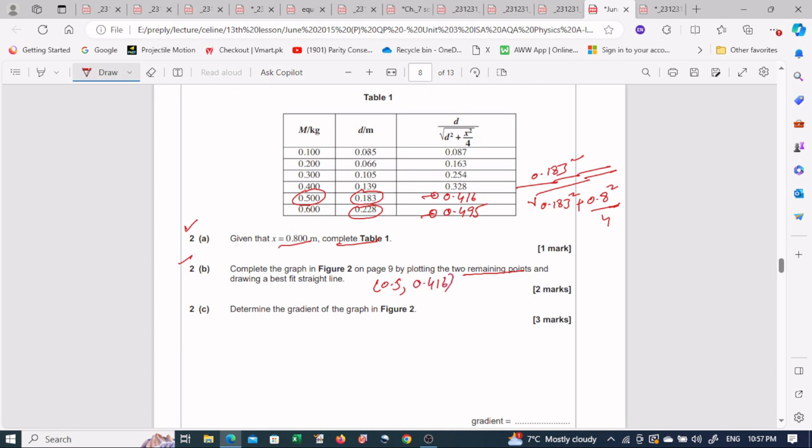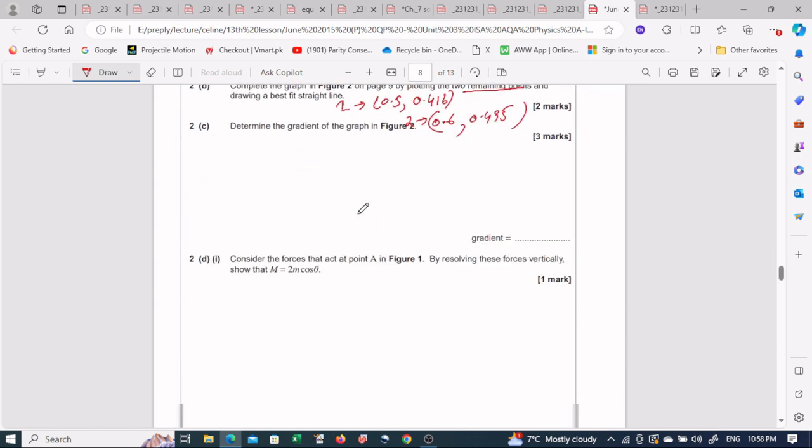This is the first point. The second point is 0.6 along the x-axis, and along the y-axis 0.495.